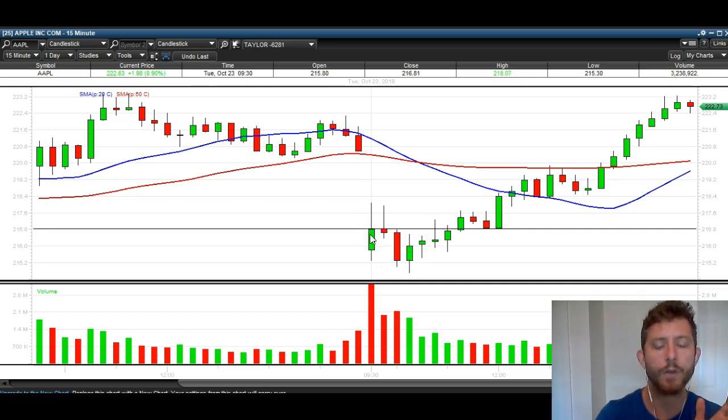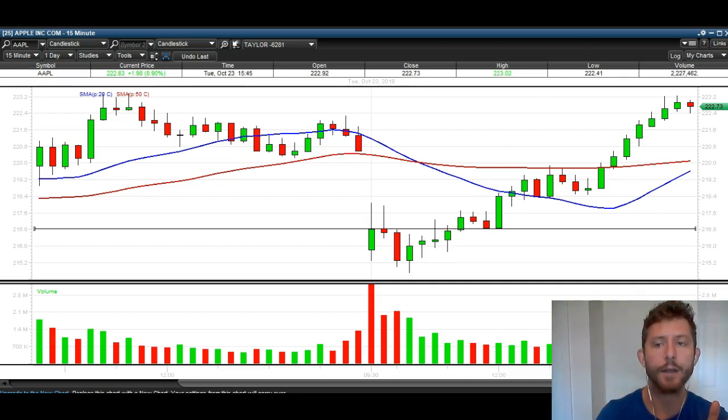The close of the opening 15-minute candle was right here, top of the green bar. And this candle right here is where we closed over that 15-minute candle. So that was our entry right here. We entered on that. There was a flush out, and we ended up closing over that resistance.